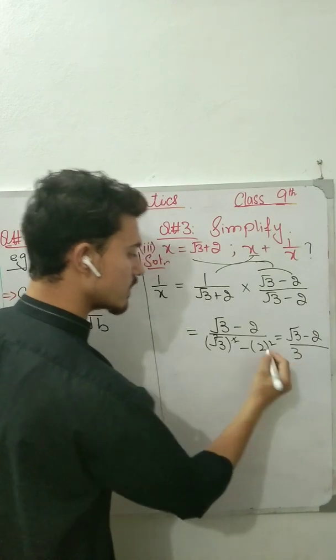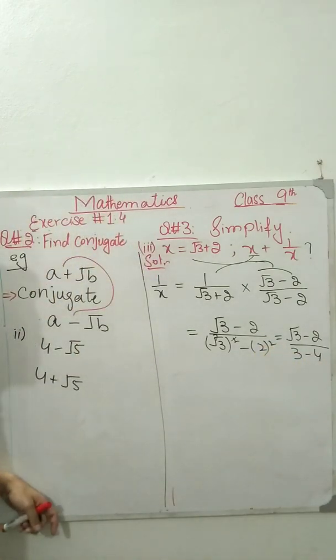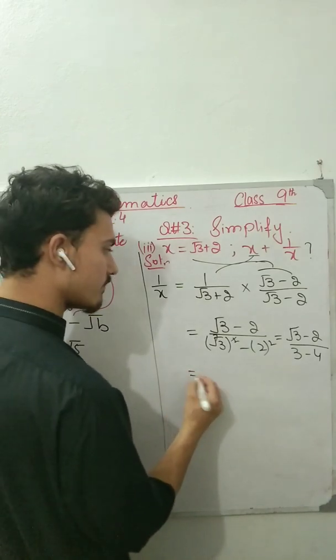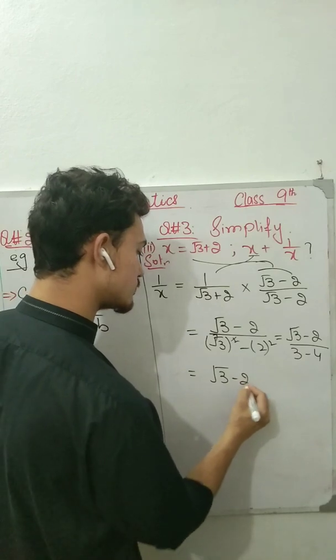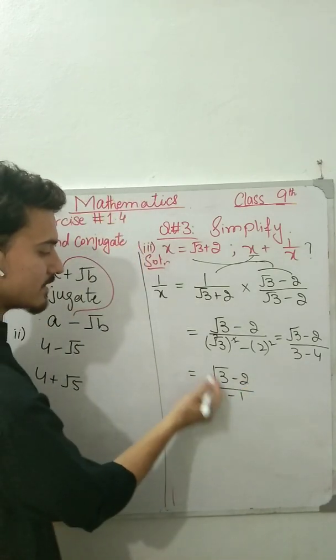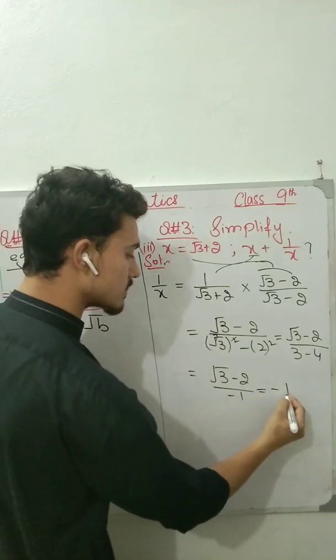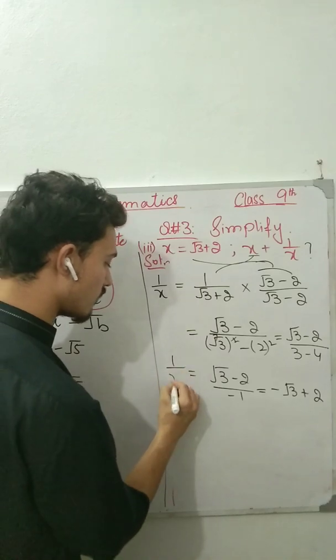I have left square root of 3 squared, that is 3, minus 2 squared, that is 4, is it? So what I have is square root 3 minus 2 over minus 1, or simply let's multiply the minus, we get minus square root 3 plus 2. This is the value of 1 over x.